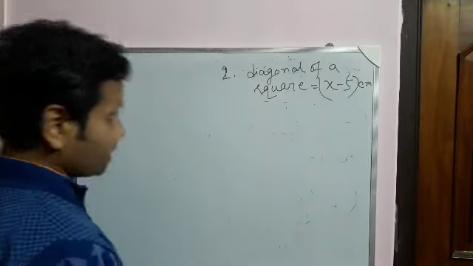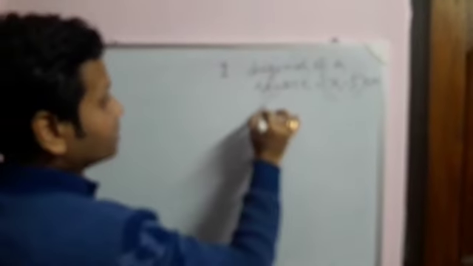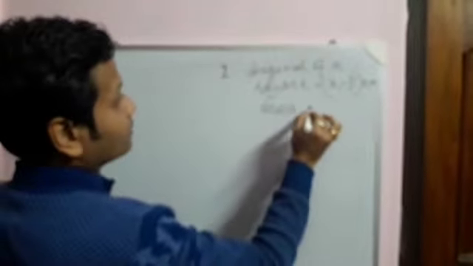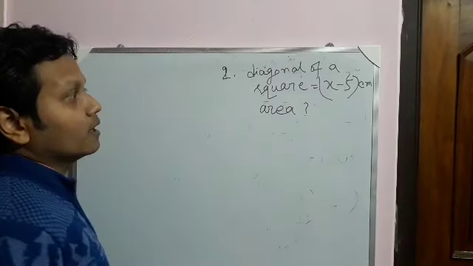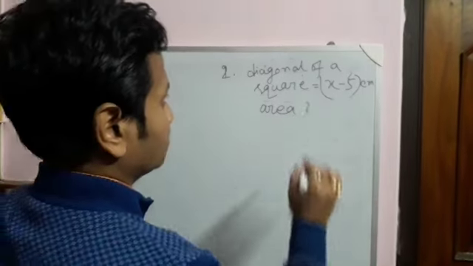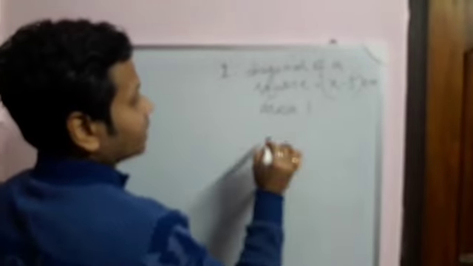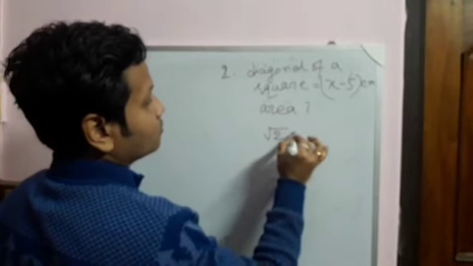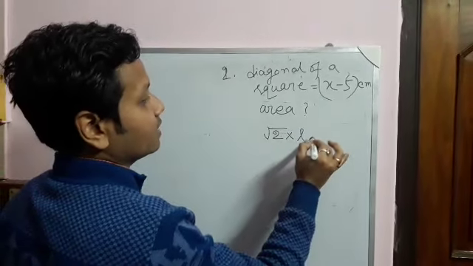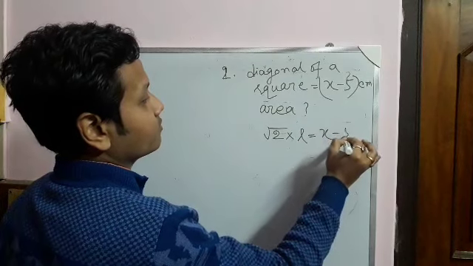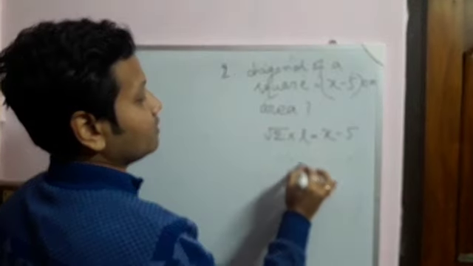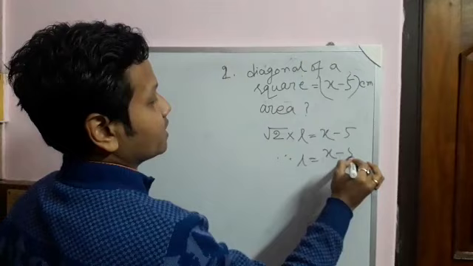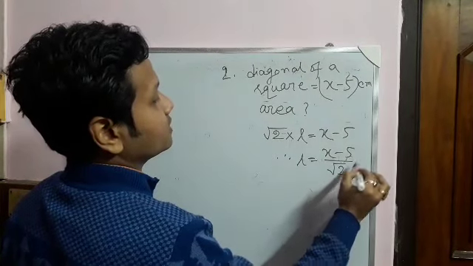What will be the area of the square? Find out the area. We all know the diagonal can be written as root 2 into the length of the side, say L. This is given as x minus 5. So what will be my L? My L will be x minus 5 by root 2 centimeter.